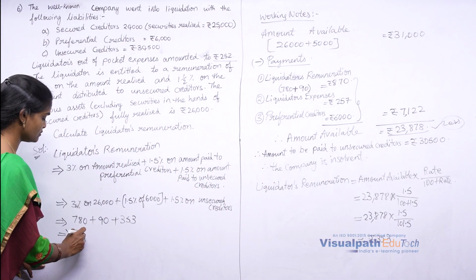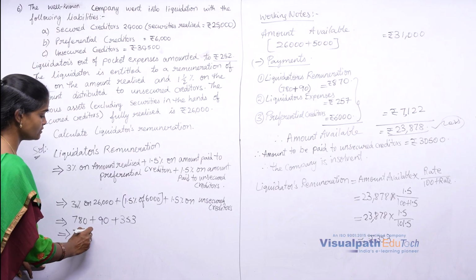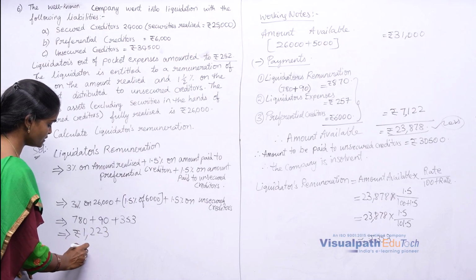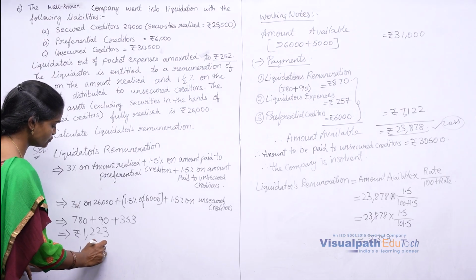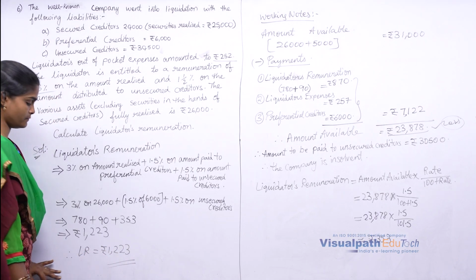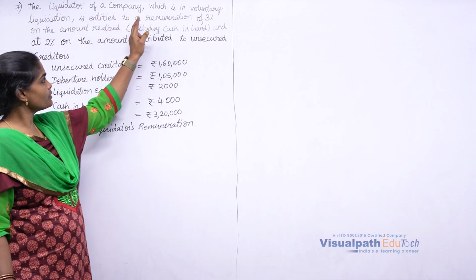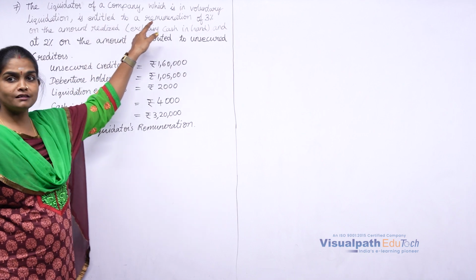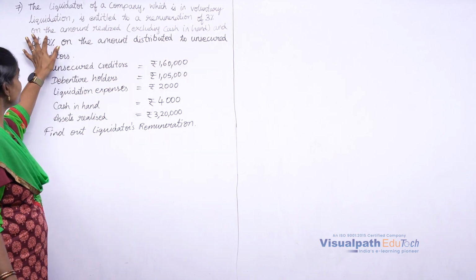So we get total remuneration as 1,223. Therefore, liquidator's remuneration is equal to rupees 1,223.